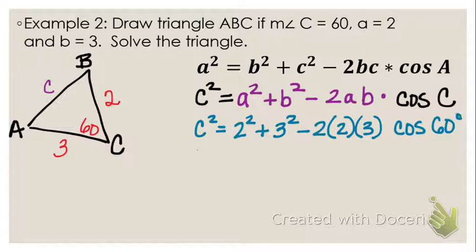And 60 is on our unit circle, so we're not going to get a decimal, because the cosine of 60 is one of our common trig ratios. So in your calculators, you're just going to type the whole thing in, straight across.